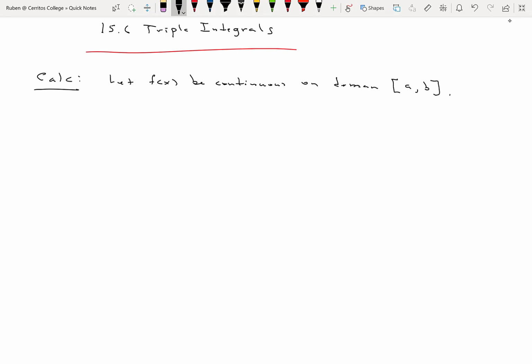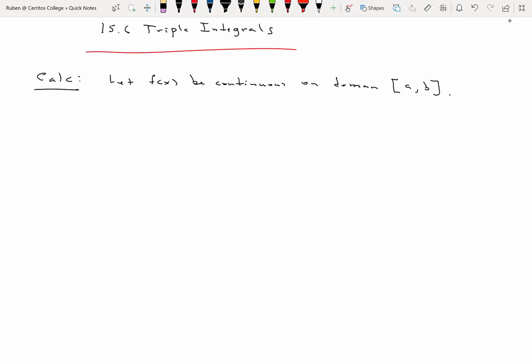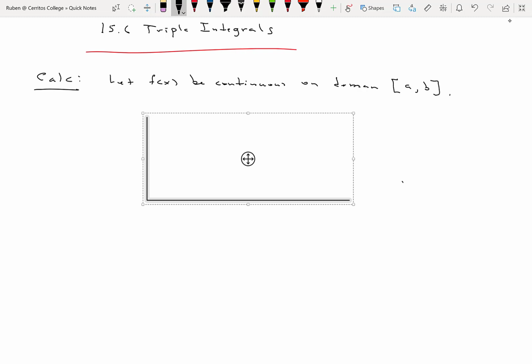Okay, let's take a look at what's going on graphically. So graphically, here's the interval from a to b, and we have some continuous function lying above that closed interval.